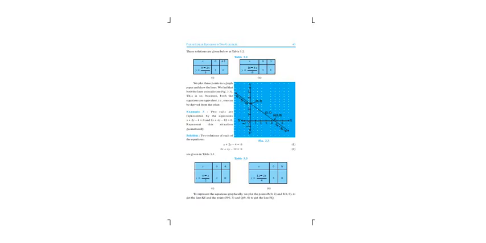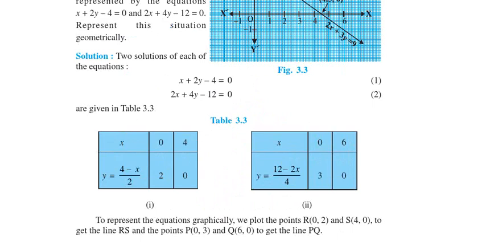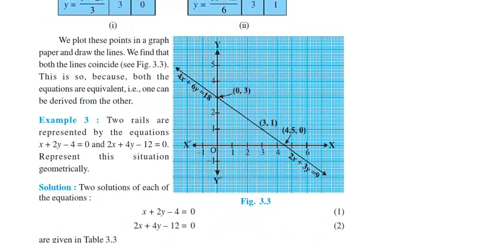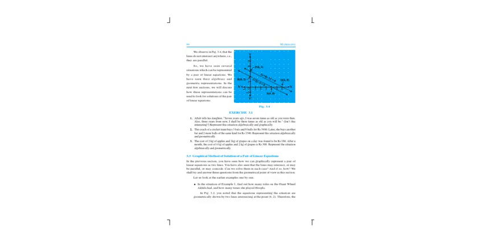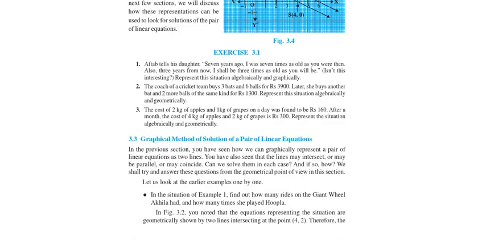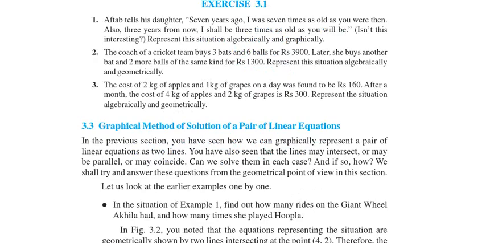Then we have something like this where you can say they are overlapping. You can see there are two equations written, one here, one here. There are two different equations, but they have a common line. So this is the case where overlapping comes, and this is the case where you have parallel lines.